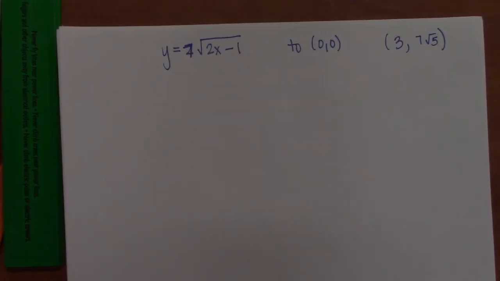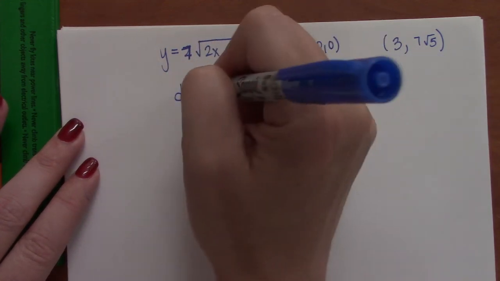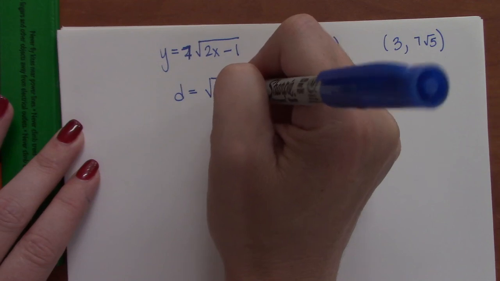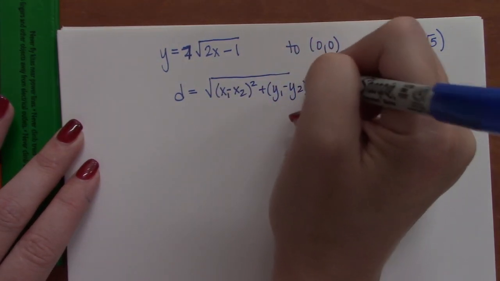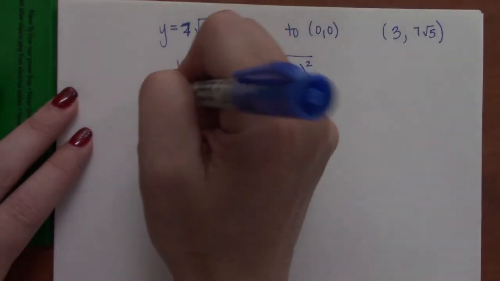Okay. So this is actually just the same problem we did before. So if you take the distance formula, and you square both sides, because we want an easy model to deal with.